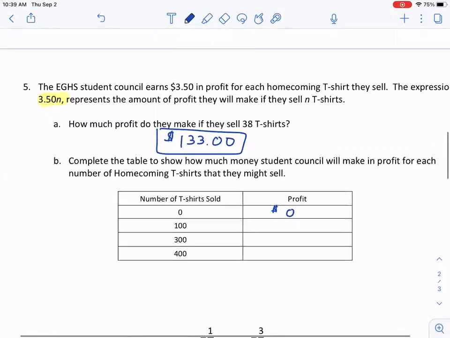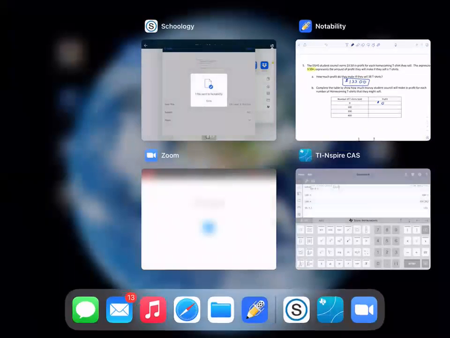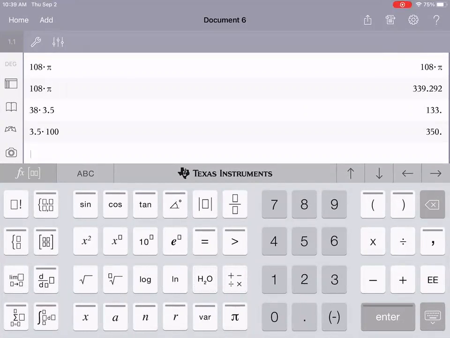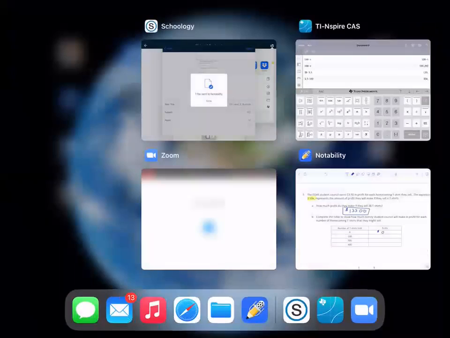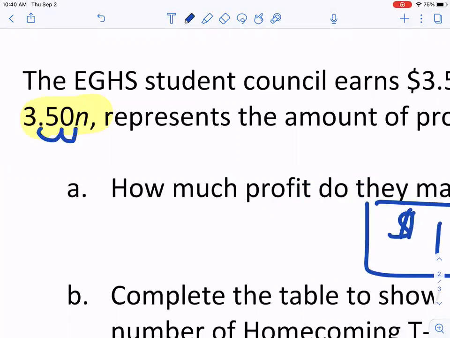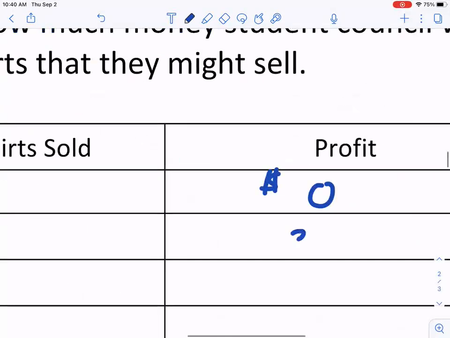When I do 3.5 times 100, well, that's $350. And that should make sense, because remember, multiplying by 100 means that we're just moving the decimal over 2 spots. Remember that trick? So we get a profit of $350.